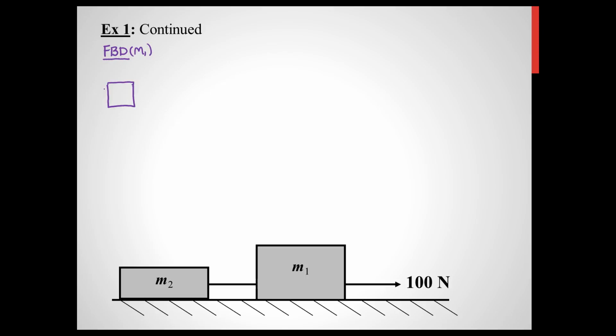Okay, so FBD of mass 1: what we'd have acting on this is the weight, or the force of gravity, straight down. Because we have two masses, I need to be specific about the subscripts. I'll say FG1.